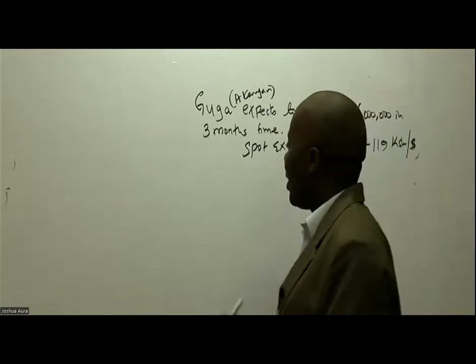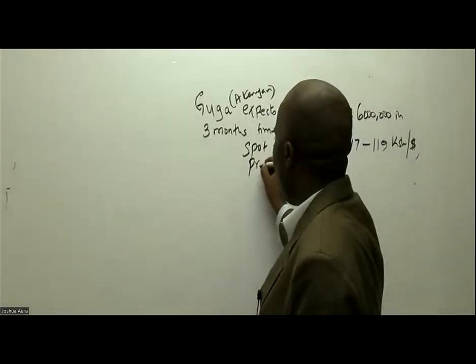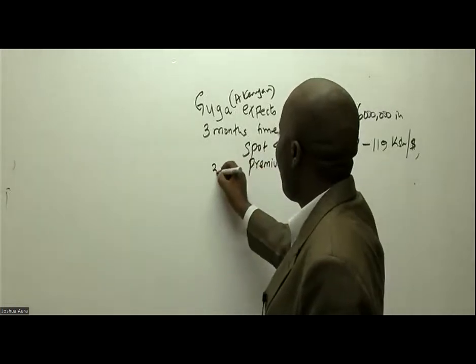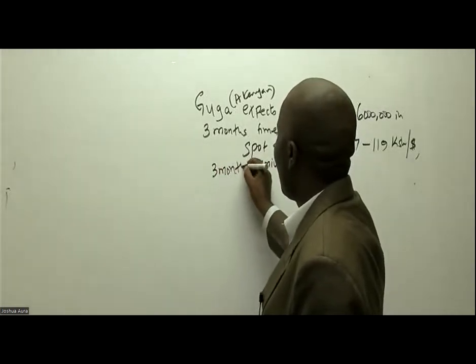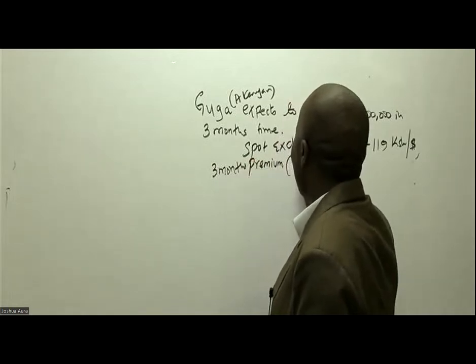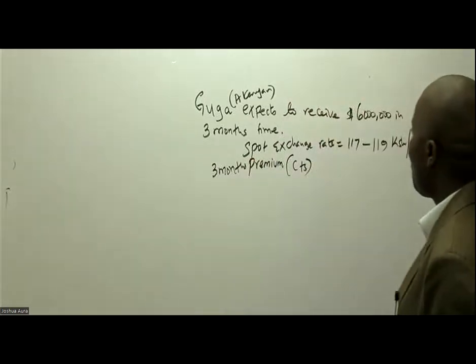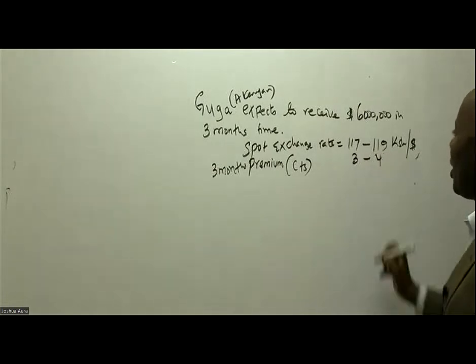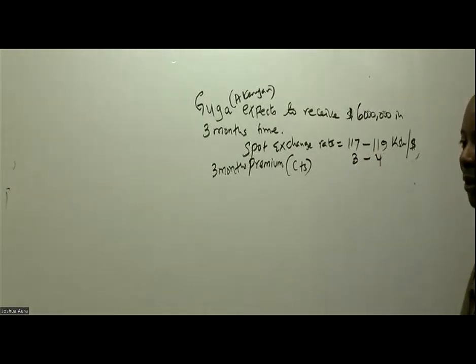And then they'll give us the 3 months premium in cents. They'll give you 3 to 4, like that.